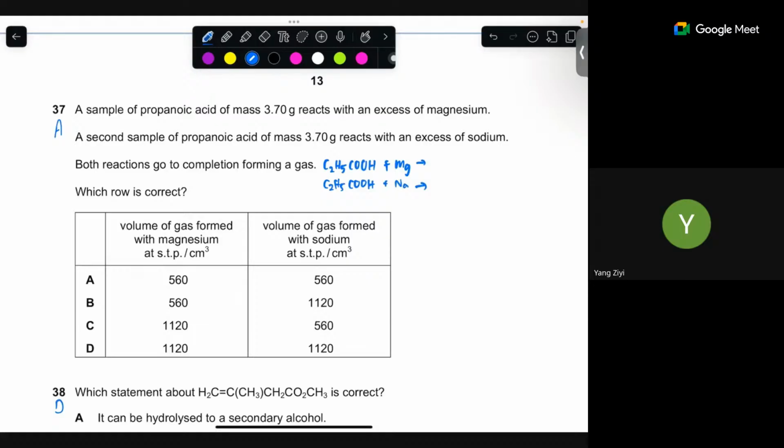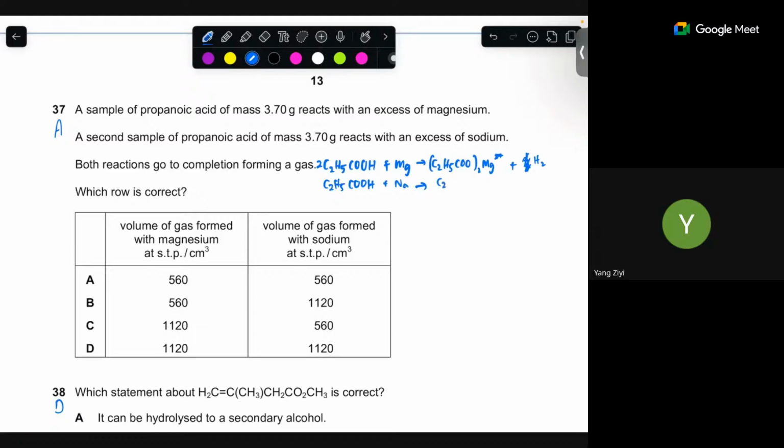So you will have (C2H5COO)2Mg, Mg2 plus here, plus hydrogen. When I balance this, this one should be 2, plus hydrogen gas.